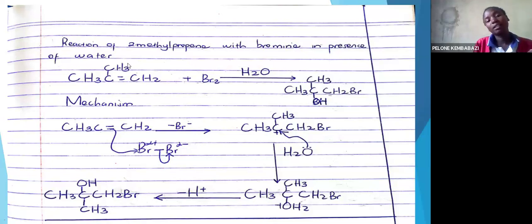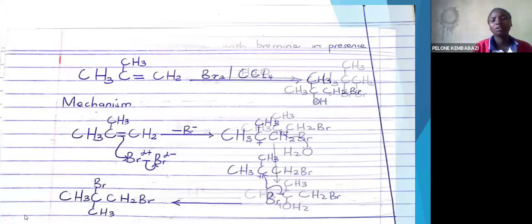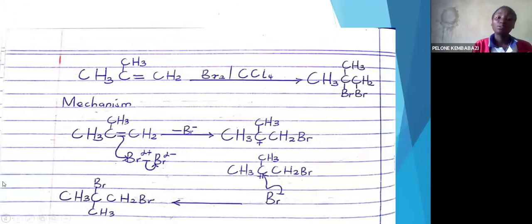So we had this reaction. It was a part B, and they wanted us to describe the reaction between 2-methylpropene with bromine in the presence of carbon tetrachloride.